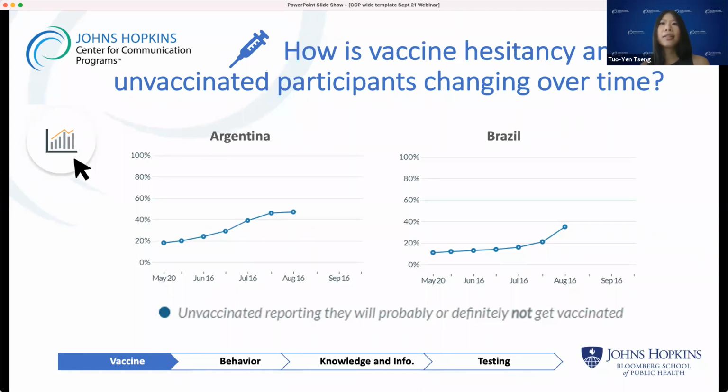These are not disaggregated by demographic characteristics. Naturally, we will see this trend increasing. This is because as more and more people get vaccinated over time, those who remain unvaccinated are primarily those who are more resistant to vaccination.